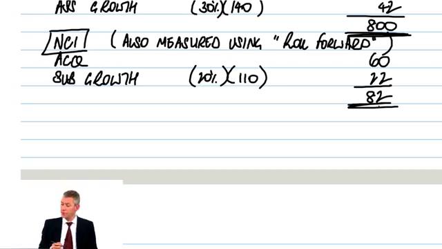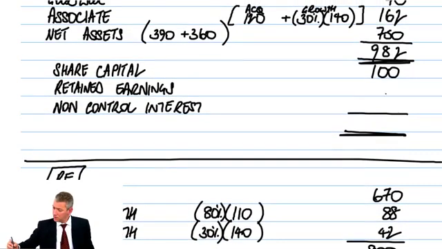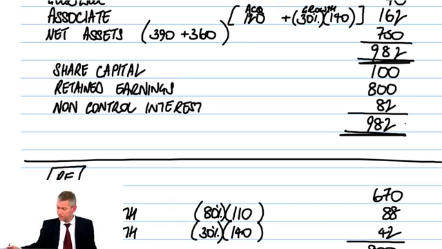And then we take those two up, 82, 800, 882. We take them up and slap them on the face. 882 gives 982.